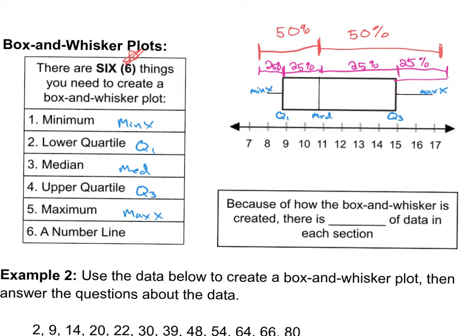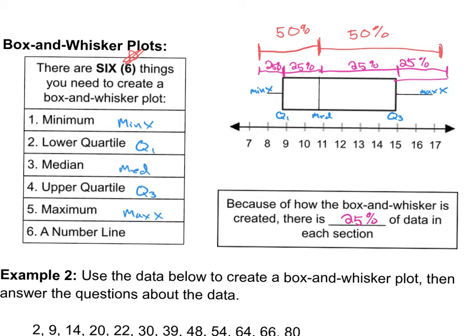So what that means is that this information is going to be needed to interpret some questions. As we just talked about, because of how this box and whisker plot is created by breaking it down by median, this is going to tell you that there is 25% of your data in each section.